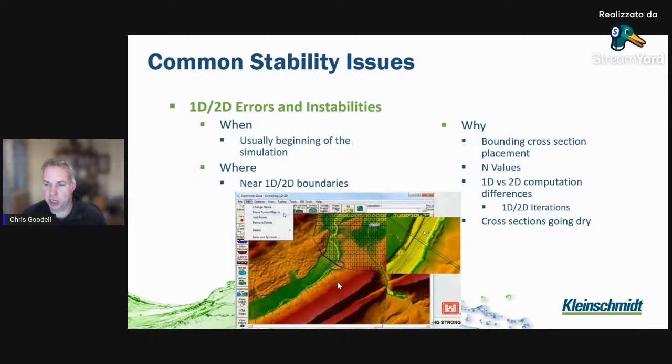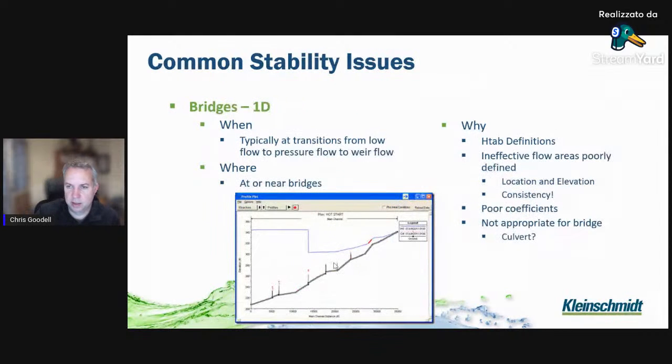Helps to keep them in check. Okay. Anytime a cross section goes dry because the 2D area is dry, if it goes dry on this boundary, that's going to cause your model to crash unless you're using the finite volume technique. Okay. So keep that in mind. You want to keep those cells wet on the boundary.